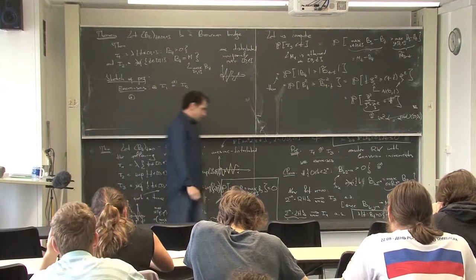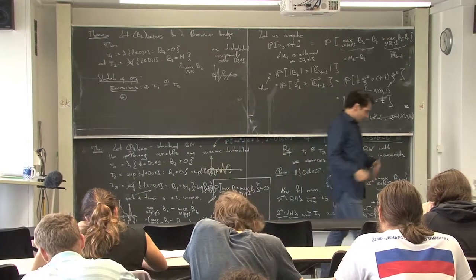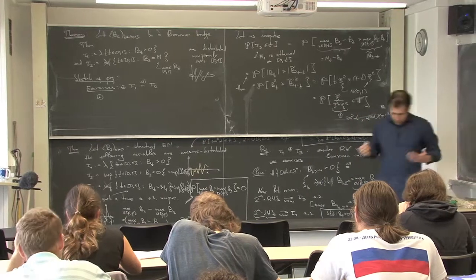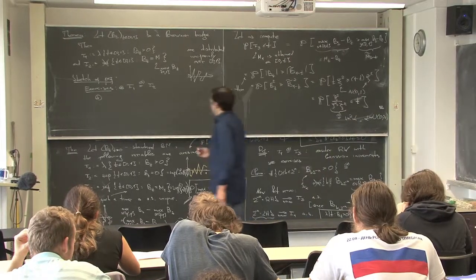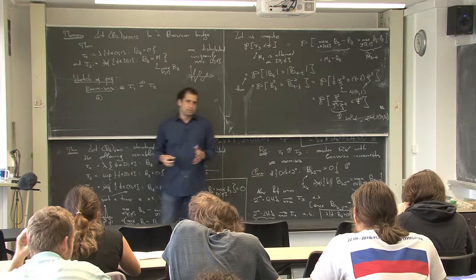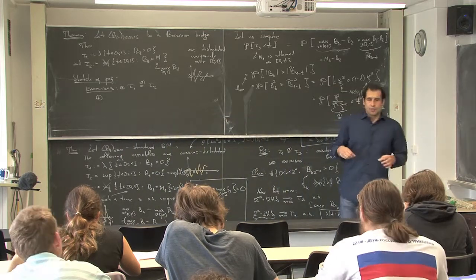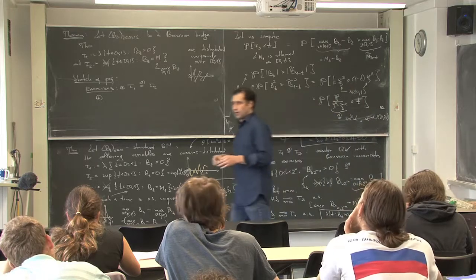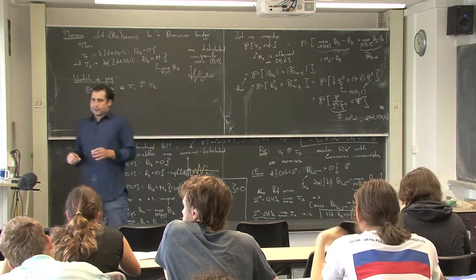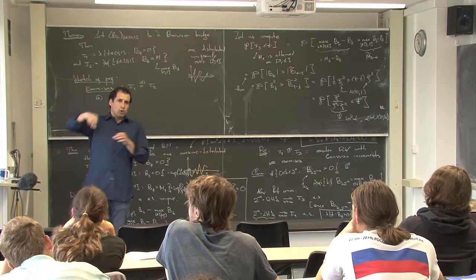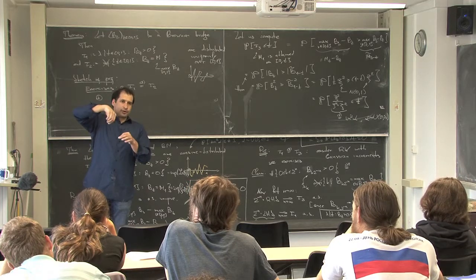And here the idea is actually very, very simple. Let me just mention it. What is a Brownian bridge? There is a more invariant way to think about this. Just think about all the trajectories of a simple random walk over the circle.